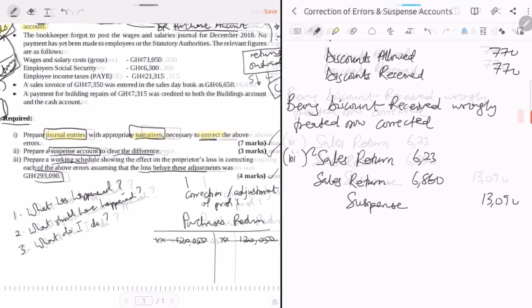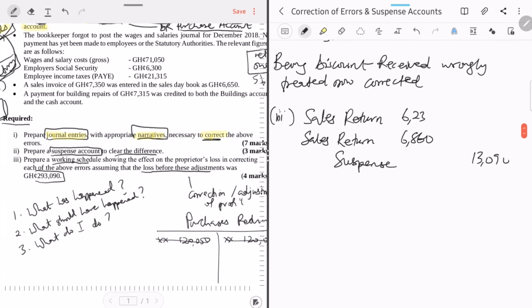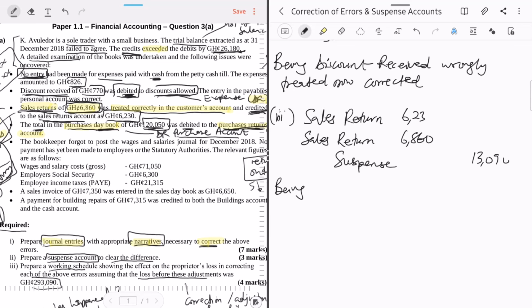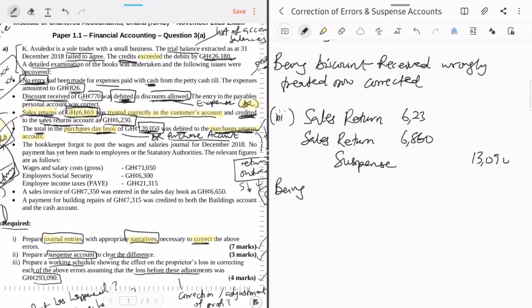It's going to be: being the transaction, sales return, creditor to sales returns account. All right. So it's being sales returns wrongly treated, now corrected.